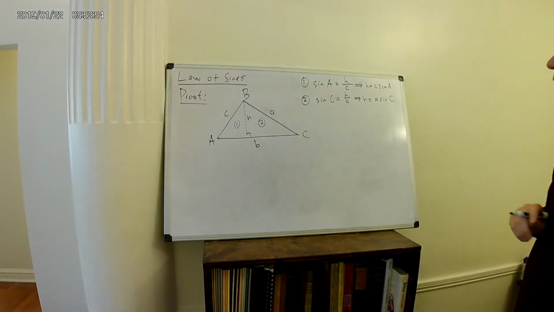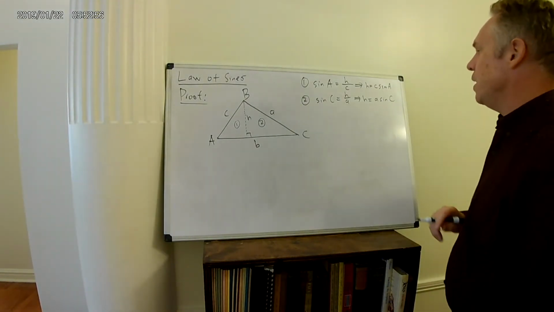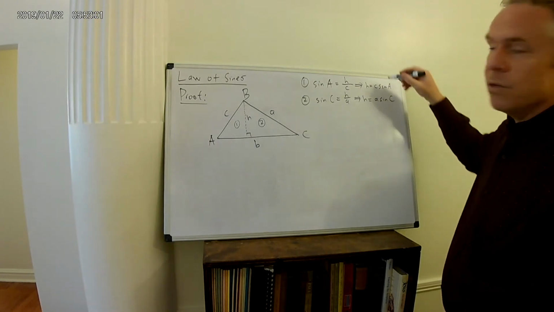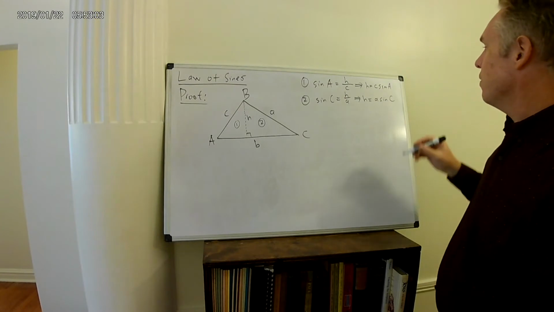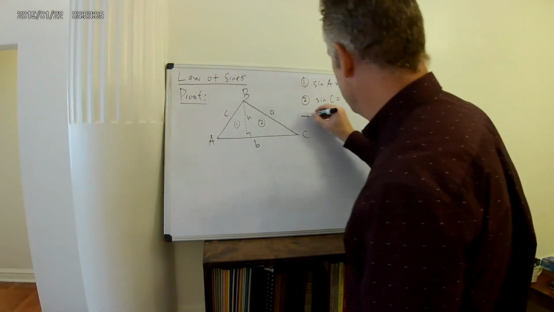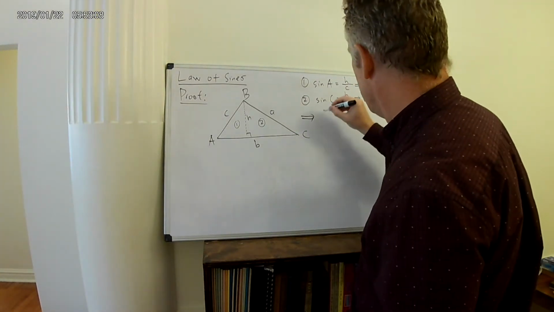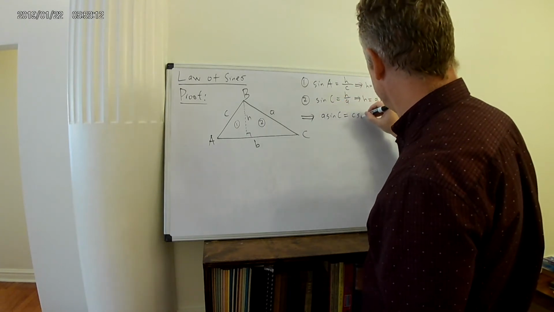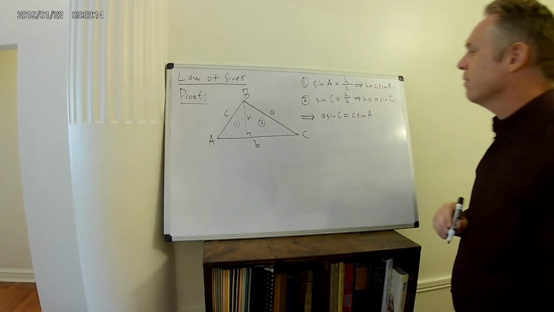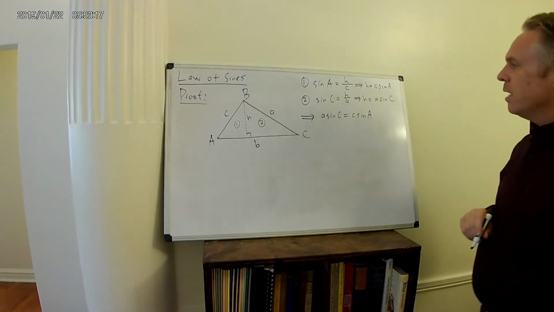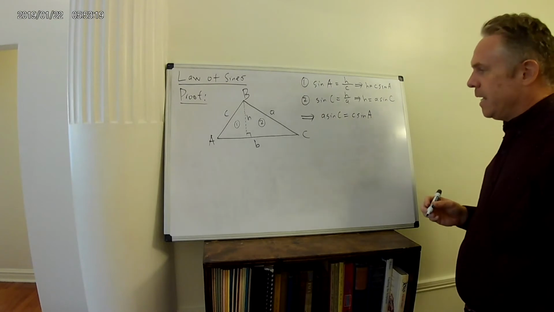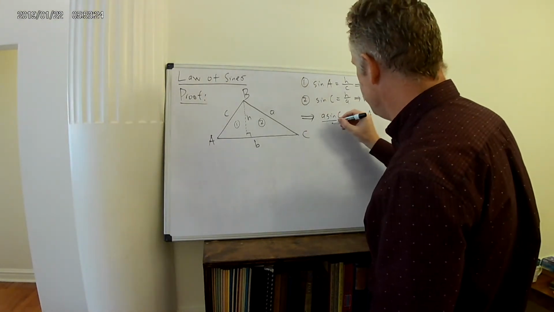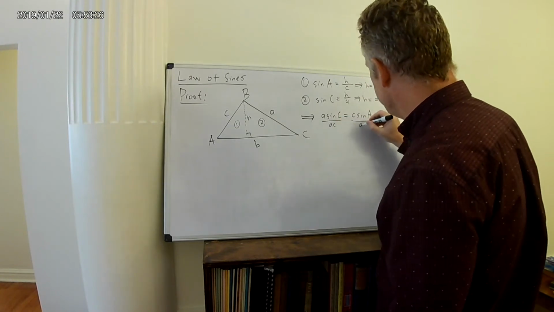Okay. Now there's a property called the transitive property. If H equals something and H equals something else, that means those two somethings have to equal each other, right? So what this means is A sine of C has to equal C times sine of A, right? By the transitive property. So I get this equation, and then what I'm going to do is divide both sides of this equation by AC.